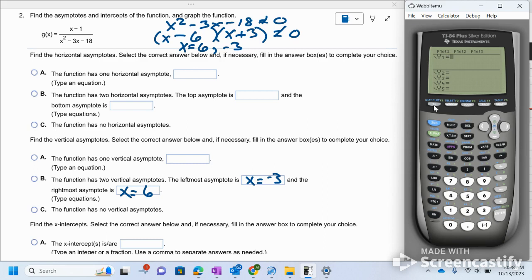And then I go parentheses x plus 1, right, minus 1, divided by parentheses x squared minus 3x minus 18. Forgot the x. x minus 18.